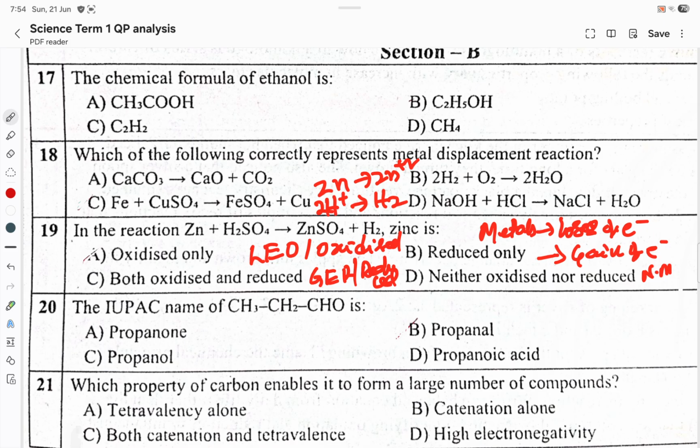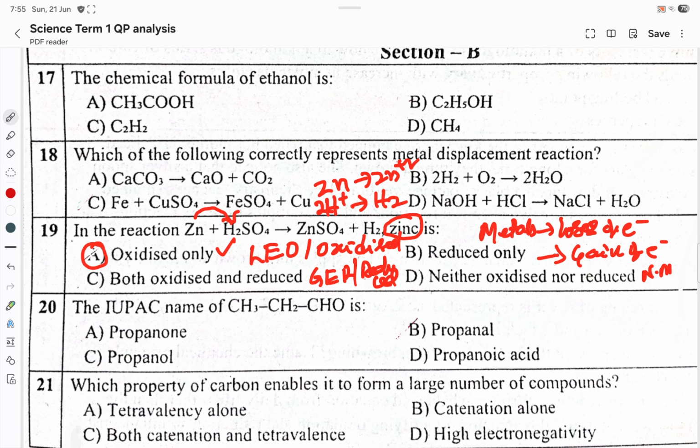According to this rule, zinc loses electrons to hydrogen ions, so zinc is oxidized only. Who is reduced? Hydrogen is reduced only. But in the whole reaction, both oxidation as well as reduction take place. That's why this is called a redox reaction.